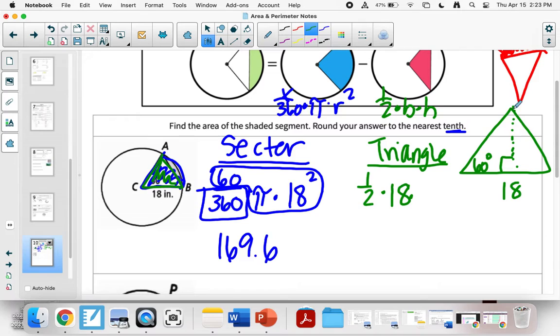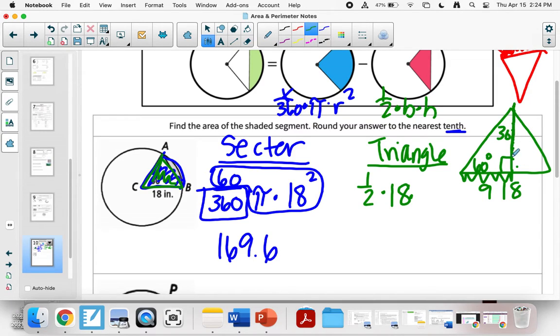So to find the height of this triangle, I need to figure out this chunk, which is how much? 9. Yep. And then somebody said we have a 30, 60, 90 triangle.